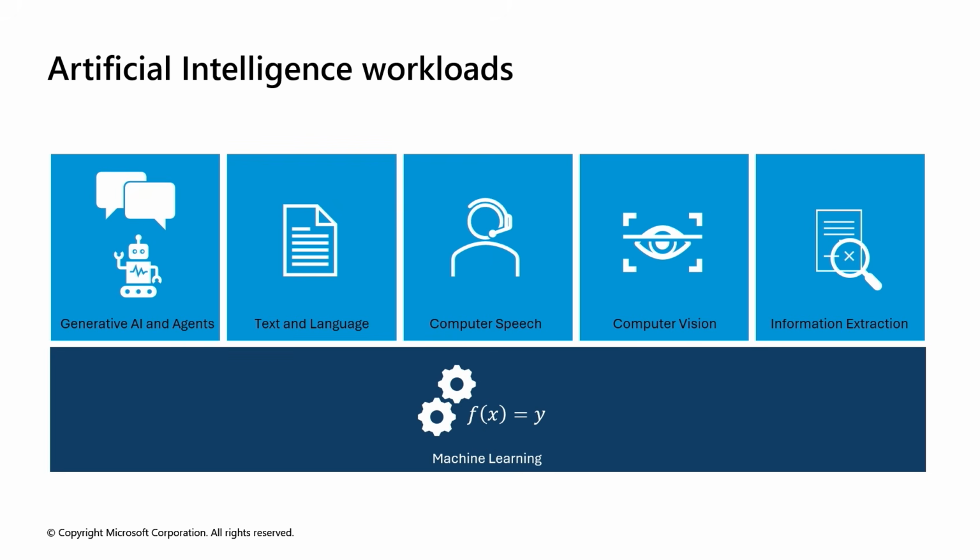Now here's where generative AI and agents come in and connect everything. Imagine this. You say out loud, "Help me prepare for tomorrow's meeting." Computer speech turns your voice into text. Text and language AI understand your request.